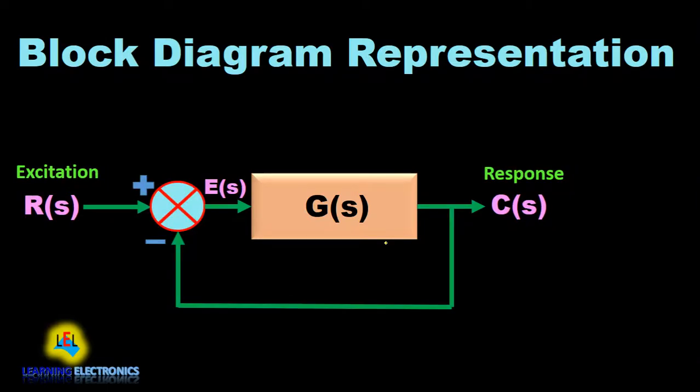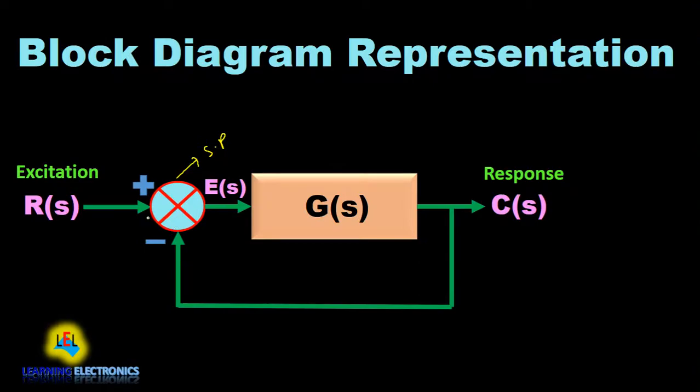Next is the closed loop control system. Here the feedback is applied to the input, and the output C(s) is directly applied to the input and added with the input signal R(s) with the help of a summing point. This is the summing point, which is used to add the inputs coming into the system.